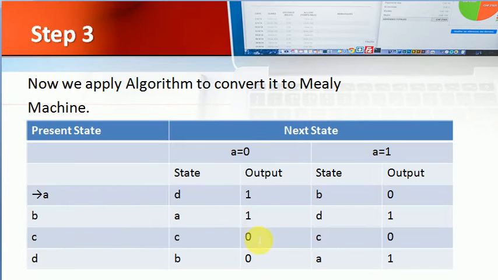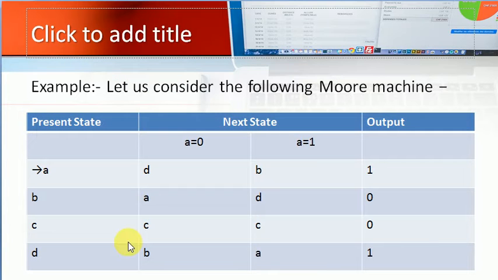This output which we are getting here, we can clearly see from here. A output is 1, B output is 0, C output is 0, D output is 1.